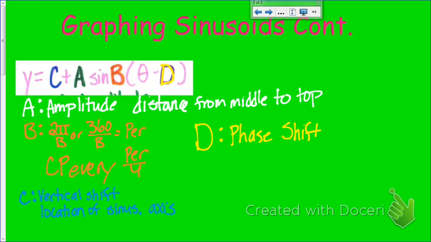So if we're starting with a high point, or we're starting with a middle point if it's sine, then we would draw that point at D. So D is the location on the x-axis of my first point. That first point is high for a cosine, it's in the middle for a sine. And that's going to give us the framework for whenever we start to actually graph these with multiple transformations. Alright, so now we're going to look at an example.